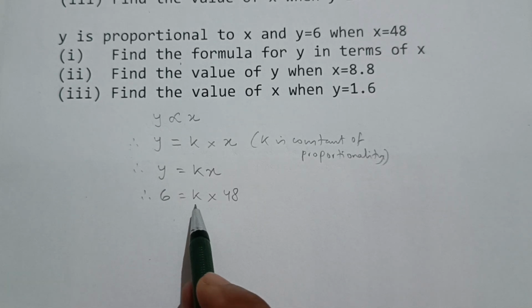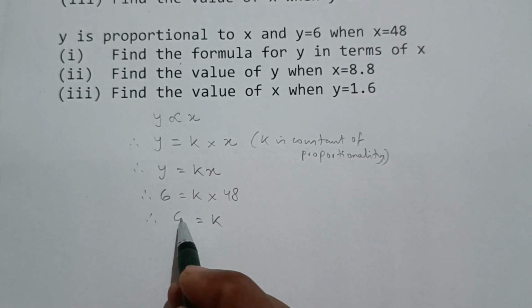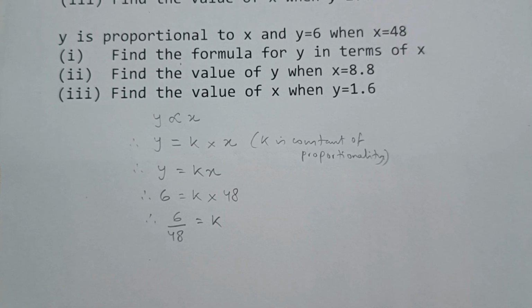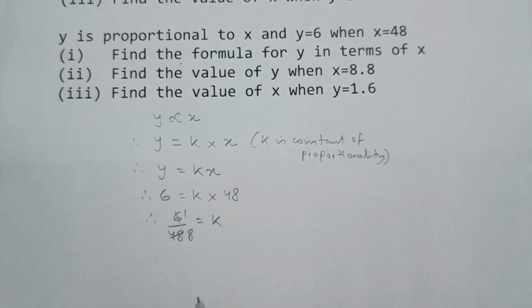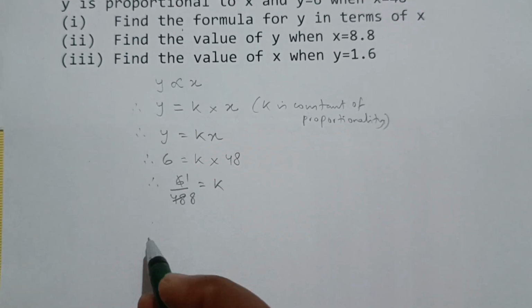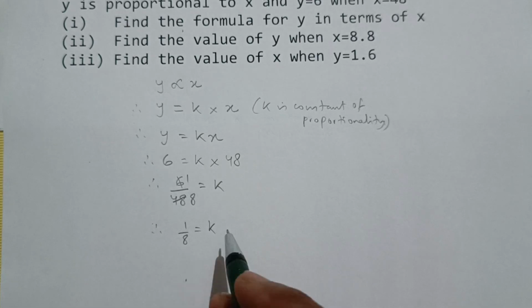So from here I can find out the value of k. What is k? K is 6 upon 48. So 6 upon 48 is, 6 ones are 6, 6 eights are 48, so 1 by 8. So the value of k is 1 by 8. So the value of the constant of proportionality is 1 by 8.